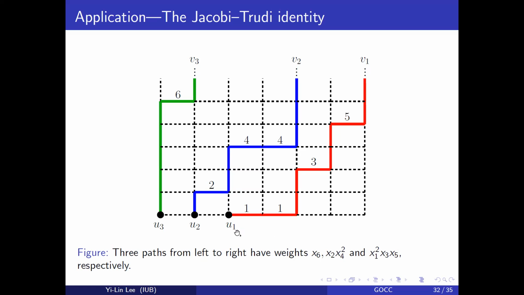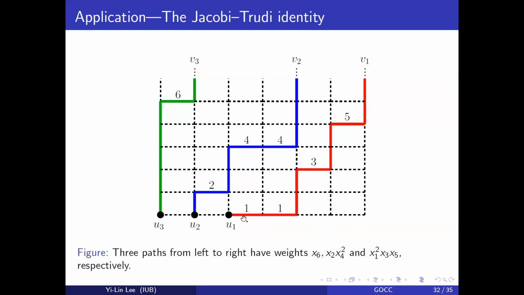Okay, and then suppose we have a path going from, let's say, u1 to v1. Let's assume the bottom line is the line y equals 1, so the y coordinate is 1. And we label each east step by the y coordinate where that step is.